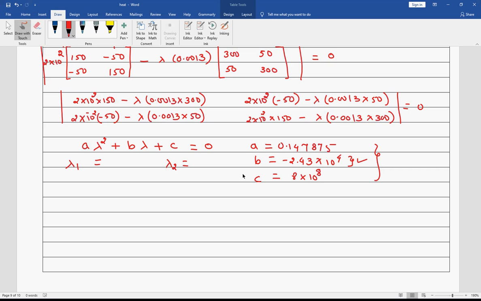Now again, the lambdas are different. Okay, no, Soumitra, I want the values with 2.43.